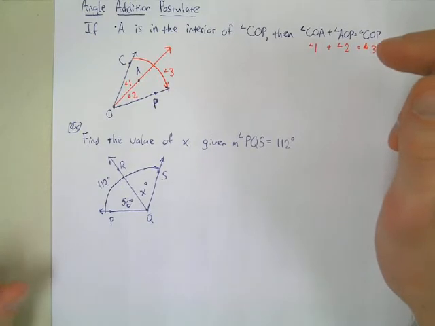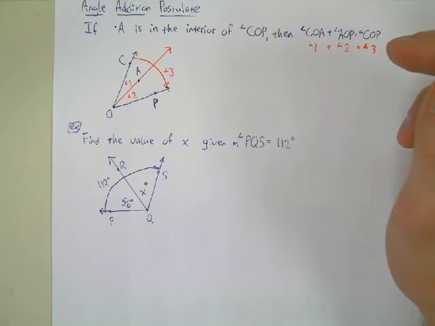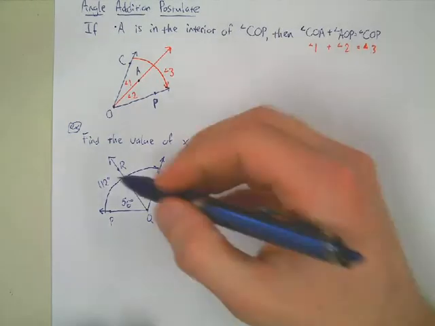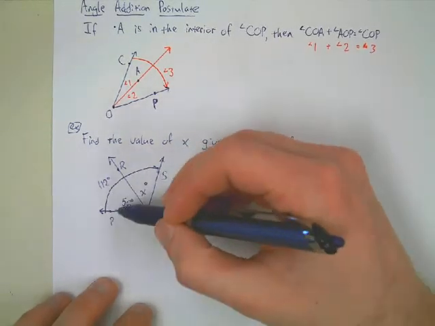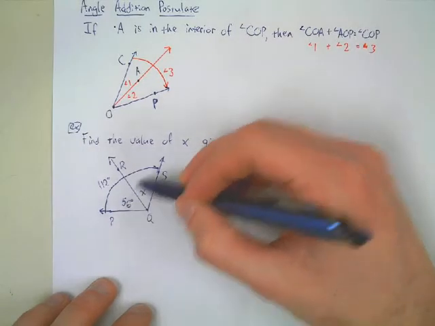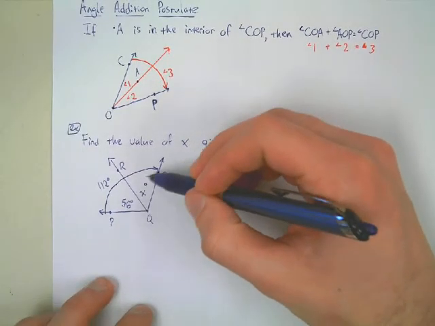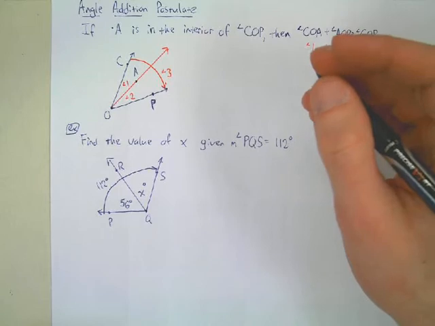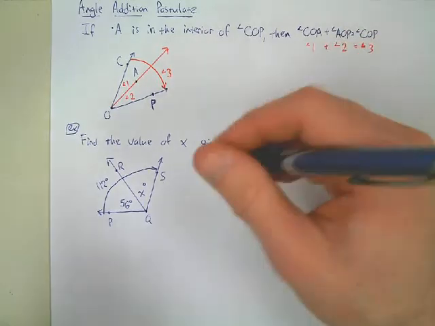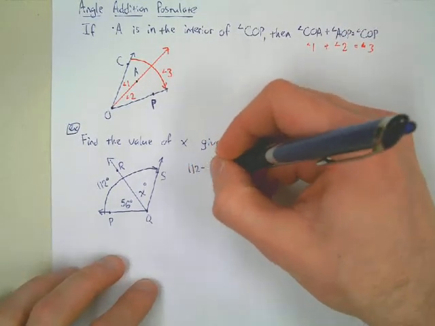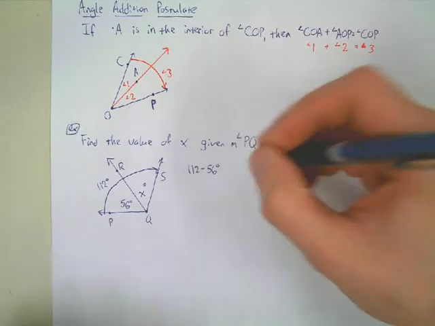You don't have to worry about setting up an equation if you don't want to. So if the whole thing is 112, this piece is 56, and we want to find the other piece, the other angle, what can we do? Yeah, exactly right. 112 minus 56 degrees has to give us what's left over, the other angle.